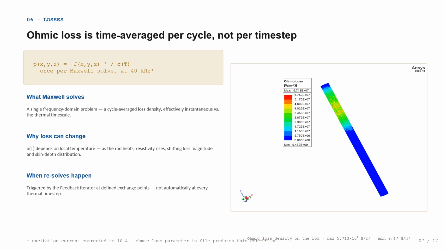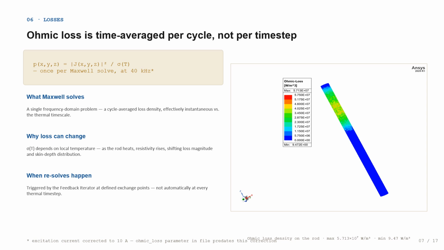As the rod heats, its resistivity rises, which changes both the magnitude of the loss and, through the skin depth, its spatial distribution. But, and this is the same point from the previous slide, that change is only captured when the feedback iterator triggers a resolve, not automatically at every thermal time step.